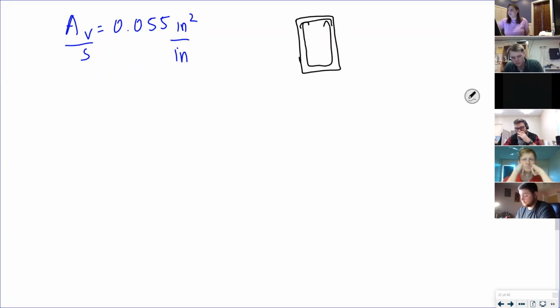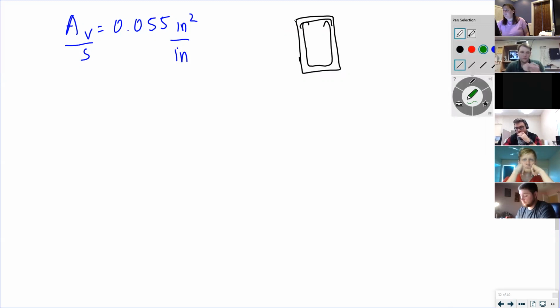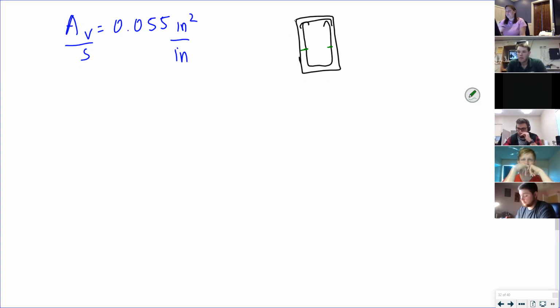My area of steel in the cross section is 2 times the area of the stirrup bar, because I have one here and one here, even though it's all the same bar, but in different locations.